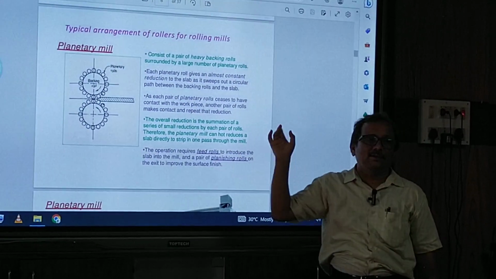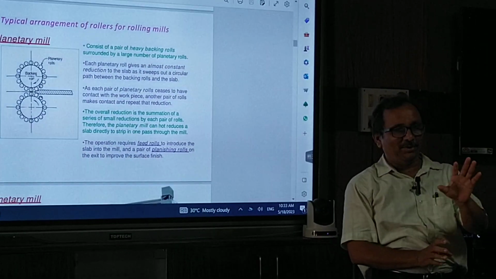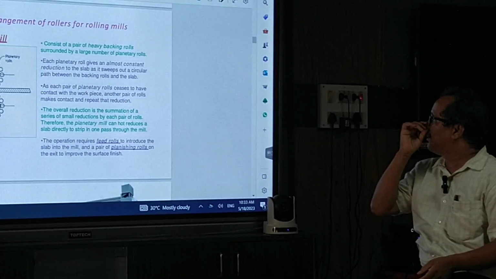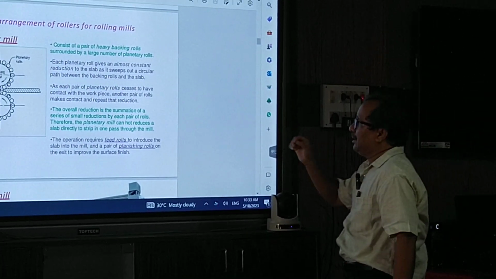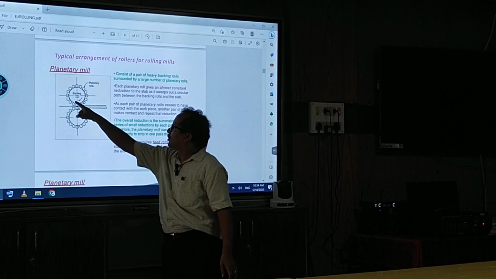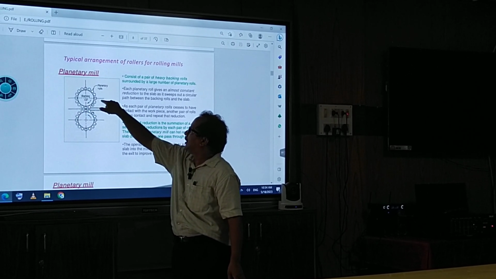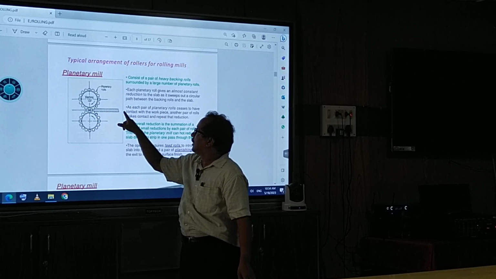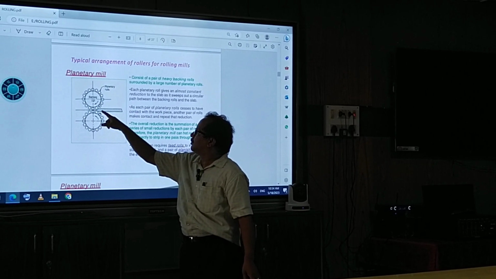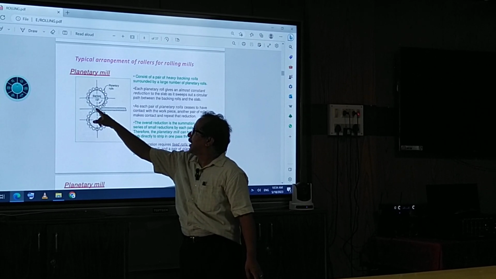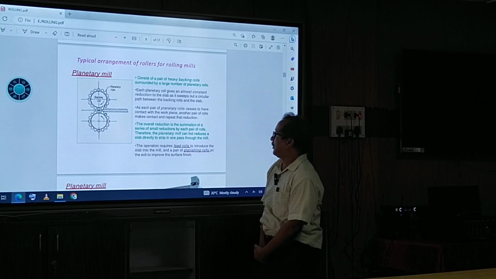Then another is the planetary mill, which we have also discussed. Here what do you see? There are greater backing rolls, with small rollers provided around them. The product enters, and the slab converts directly into strip.